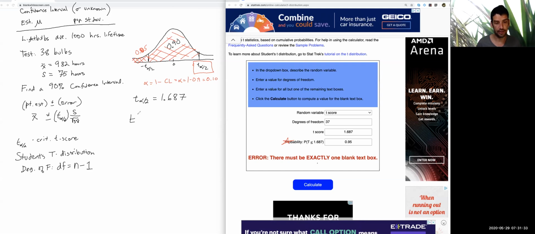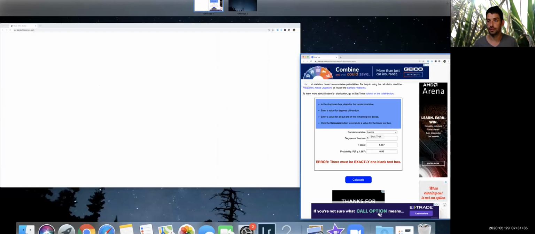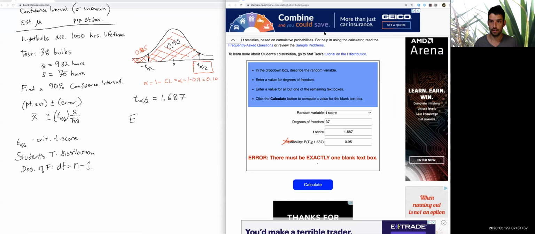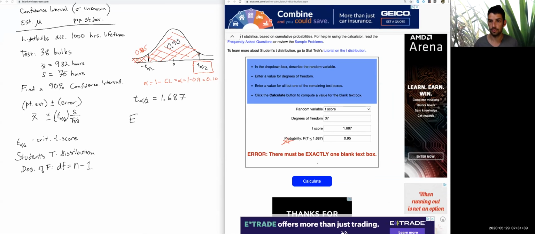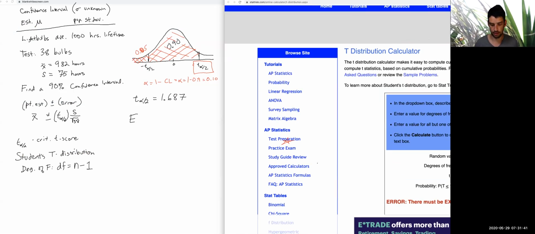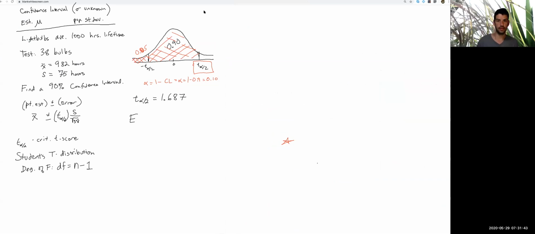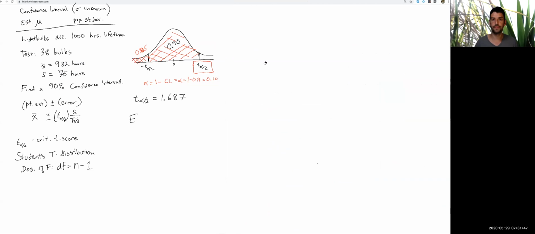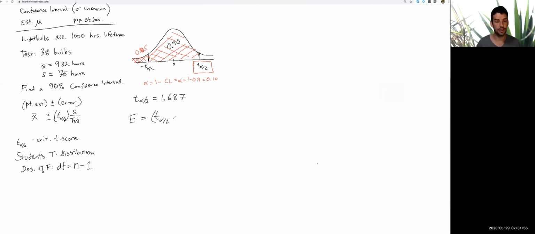Okay, let's get rid of these stray marks. All right, so we can get to computing our error now that we have our t-score. The error is equal to t of alpha over 2 times the standard deviation of the sample divided by the square root of the sample size.